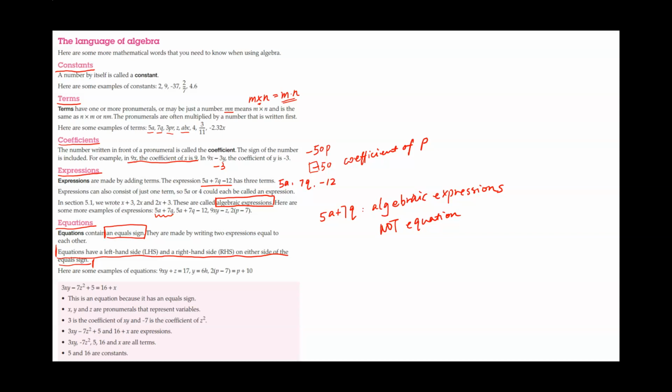So there is an example here in the pink box. Let's have a look. This is an equation because it has an equal sign here. So therefore, it's an equation. x, y, z are pronumerals that represent variables, okay? And 3 is the coefficient of xy.